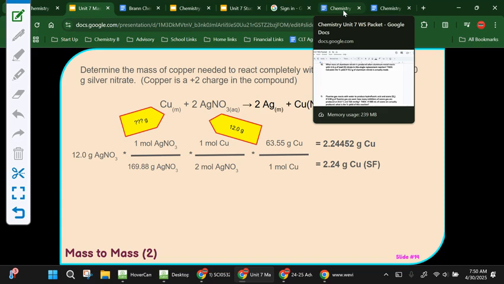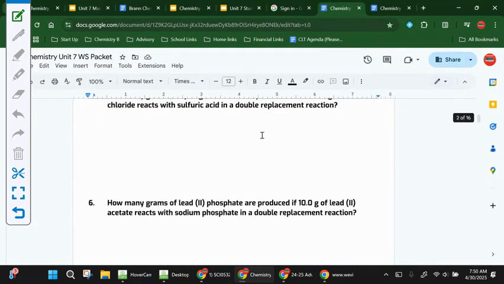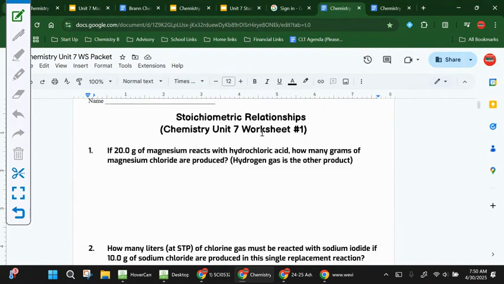Take 3 minutes, ladies and gentlemen. Read through the first question and write a balanced chemical equation for the first question. Now, we can't do all of these on here yet, ladies and gentlemen.